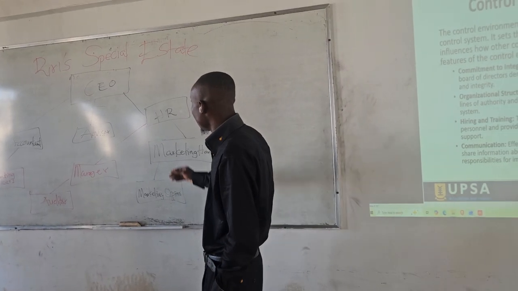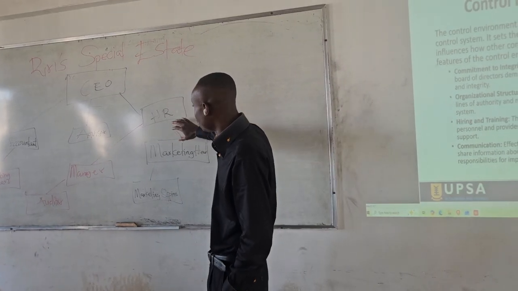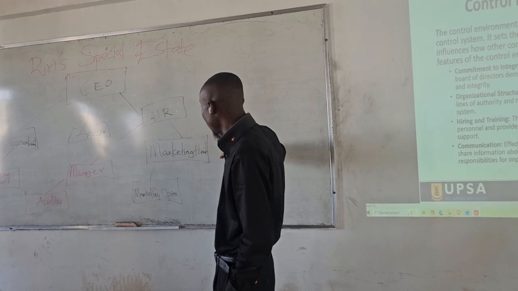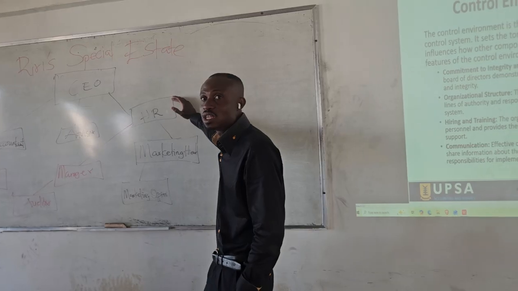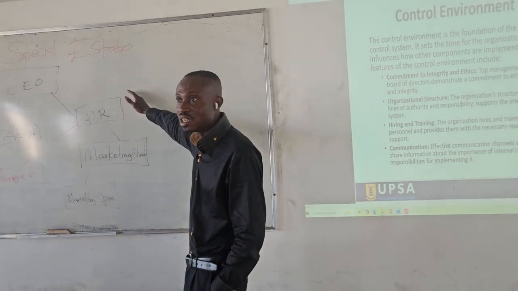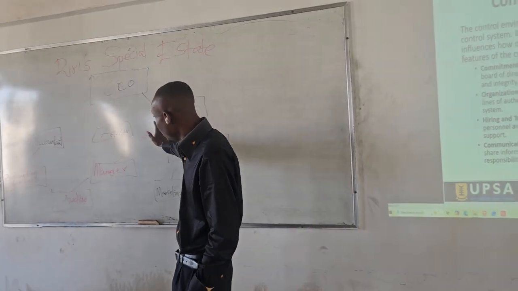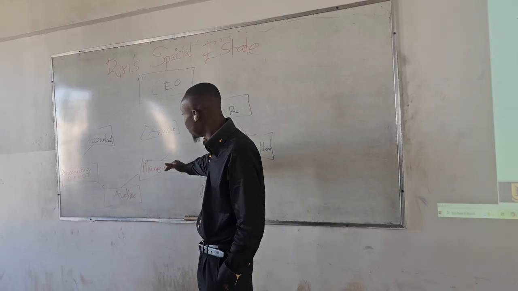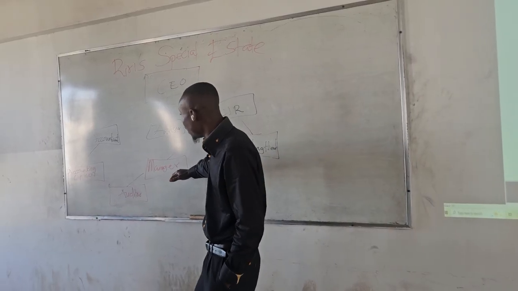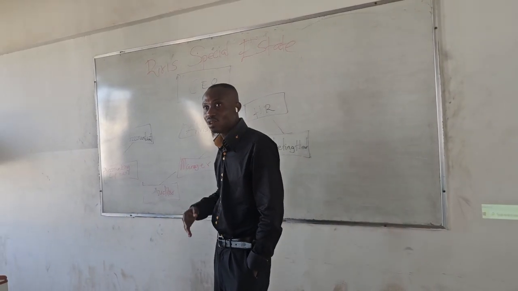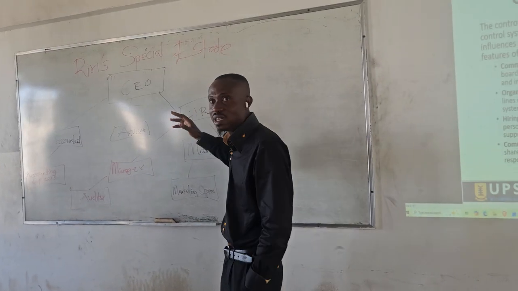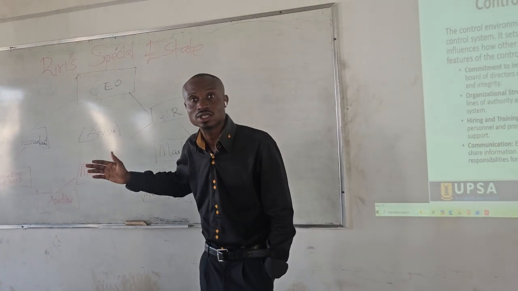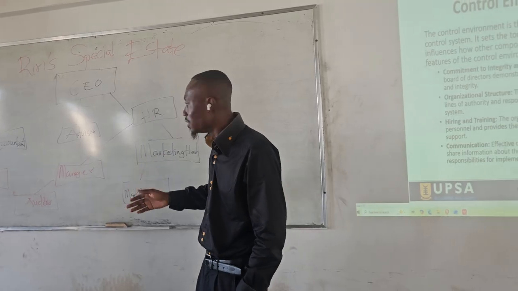Under the human resource, he has the marketing head and the marketing officer. They report to the human resource director, the HR. His responsibility extends to the manager and the auditor. I don't know why the auditor is reporting to human resources. That is what they do in the organization.